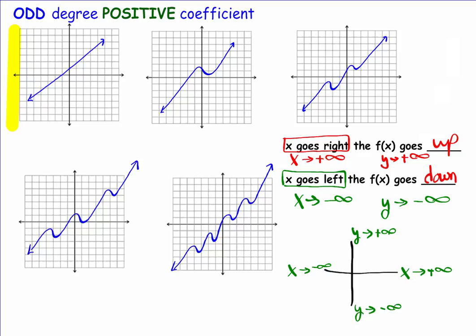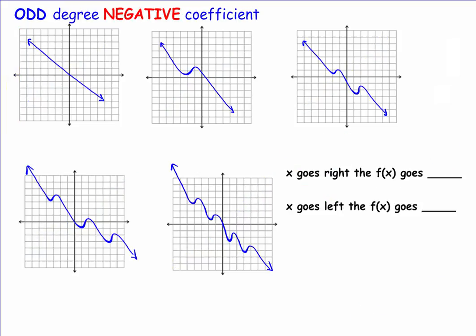So let's look at what happens when we have an odd degree and a negative coefficient. As x goes right, the f of x's go down. And as x goes left, f of x goes up. So let's write this in math.